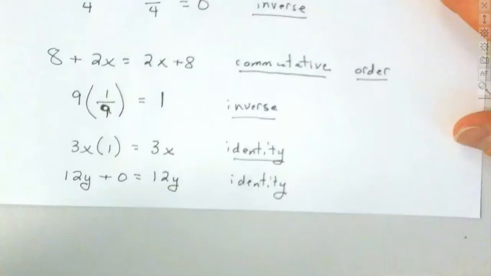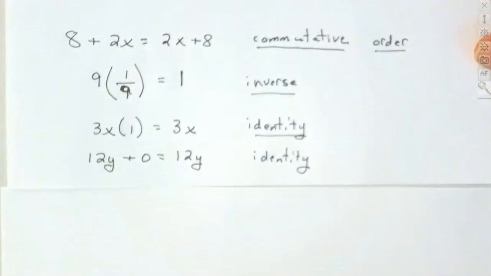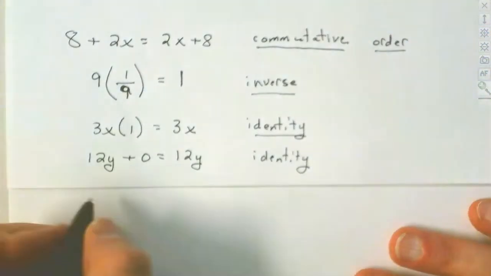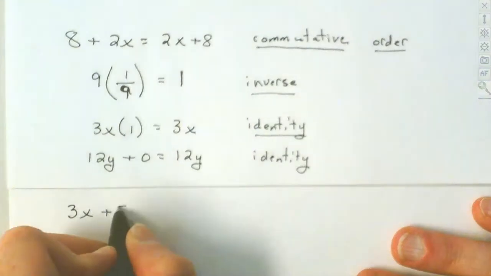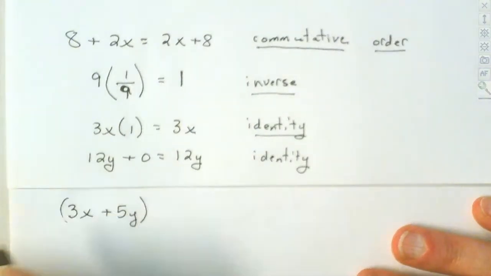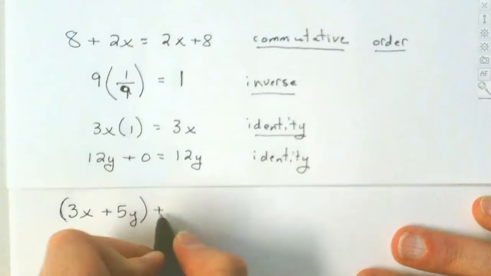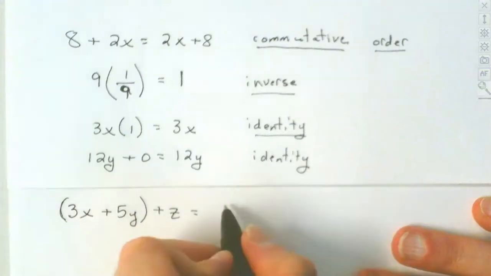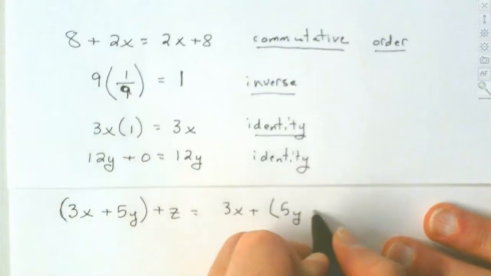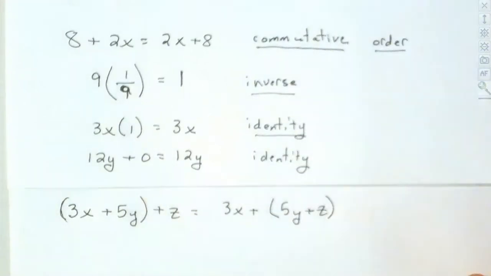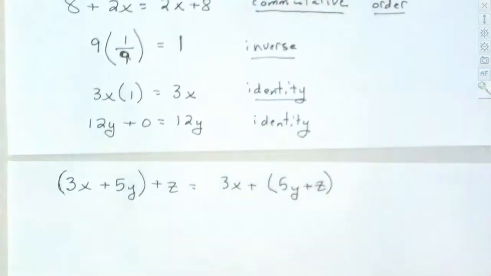And just to make sure we know the associative, let's do one of it as well. Why would this one be associative and not the commutative property? You did not change the order, right?